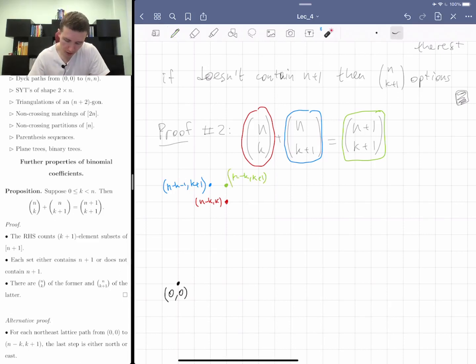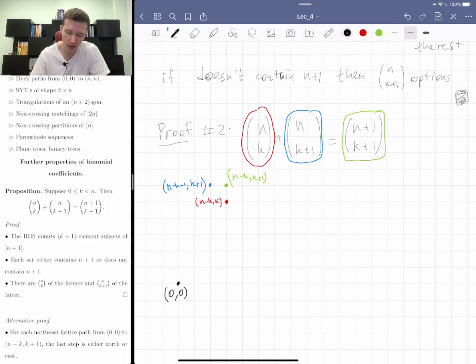So the claim is that if you start at 0, 0, then the number of lattice paths that terminate at the green point is equal to the number of lattice paths that terminate at red plus the number that terminate at blue. Indeed, that is true, because every path that starts at 0, 0 and terminates at the green point has to pass through either the red or the blue, but not both of them.